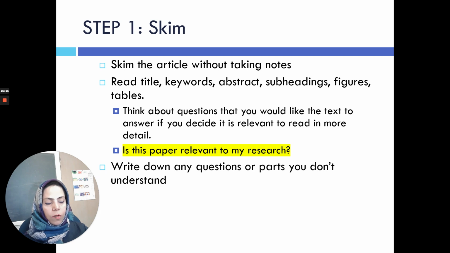See this, especially when you're starting literature review, you might not be familiar with all the terminologies or all the, क्या कहते हैं, jargon that is being used in the literature.